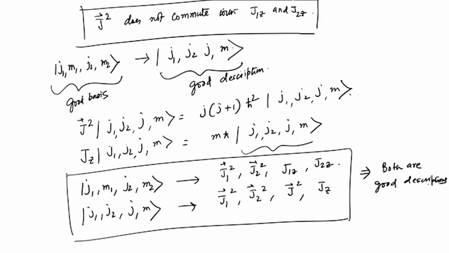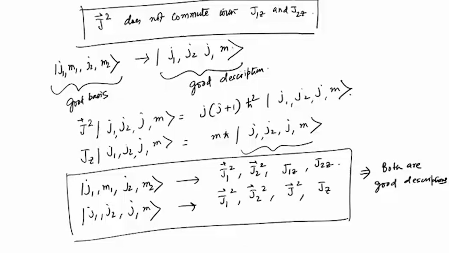Okay. Now, if for a given problem there are two descriptions which are equally valid and they are the eigenbasis for the problem, then there has to be a unitary transformation that connects these two bases. Just let me remind you that if there is a unitary operator U which connects a vector to another vector, then U dagger U is equal to 1, or U dagger is equal to U inverse.